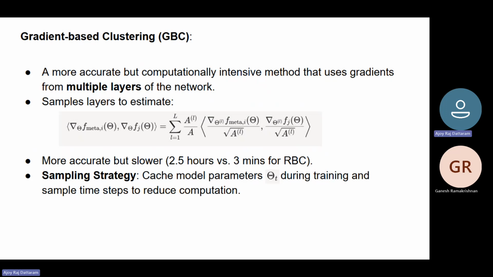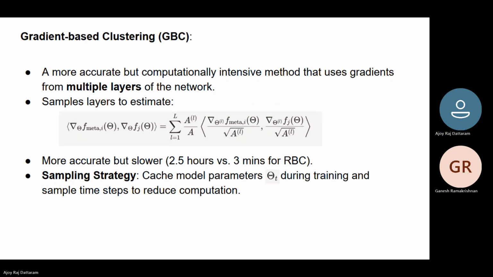So delta f(theta) is the inner product between the gradient of the loss for meta sample i and the training sample j with respect to the model parameter theta, and L is the total number of layers in a neural network, and a to the power l is the importance weight of layer l, reflecting its contribution to the gradient.